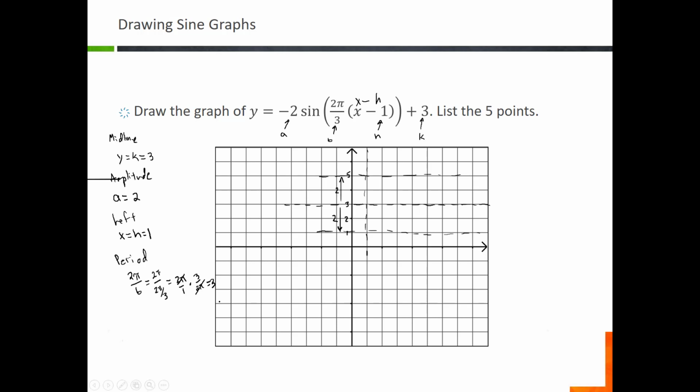So the length of the graph is 3 units long. If we start the graph at x equals 1, we go 3 units, 1, 2, 3 units away. So the graph is going to end at 4. Okay, so here's my box.